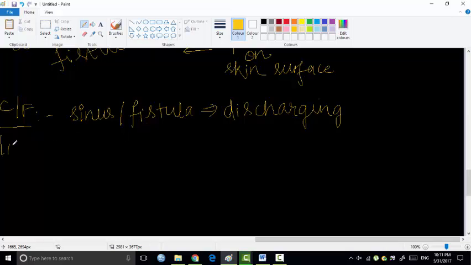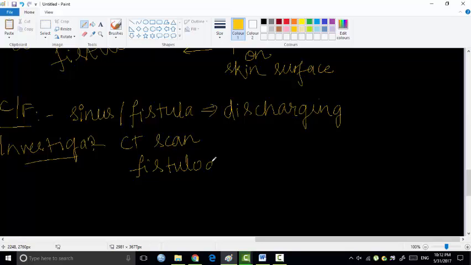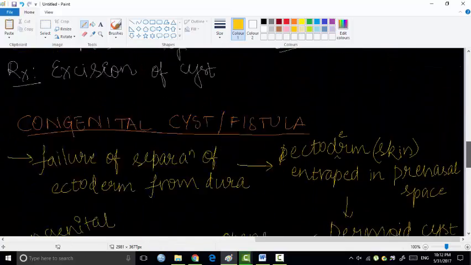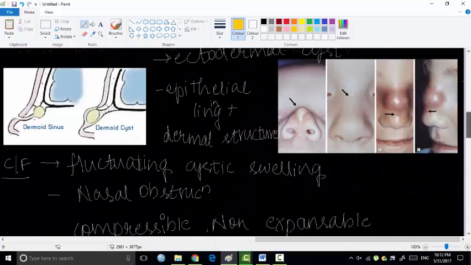The major investigation is CT scan, or a fistulogram can be done. And what is the treatment? The treatment is complete excision, right? All these are the congenital diseases of the nose, right?